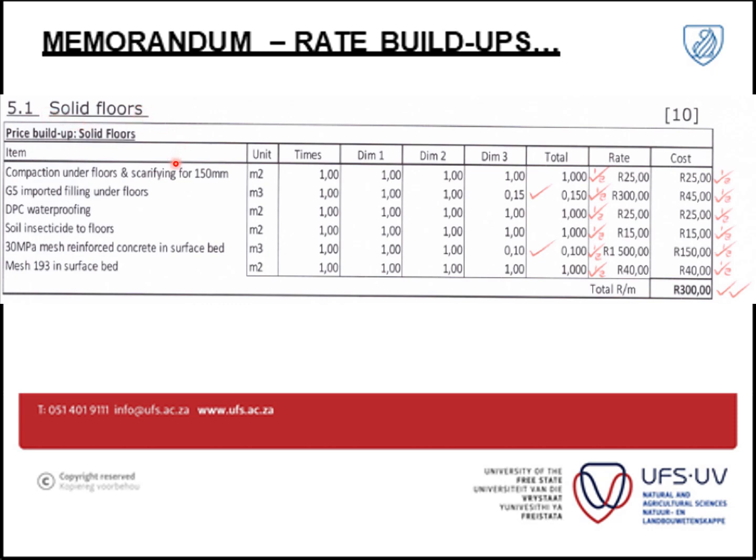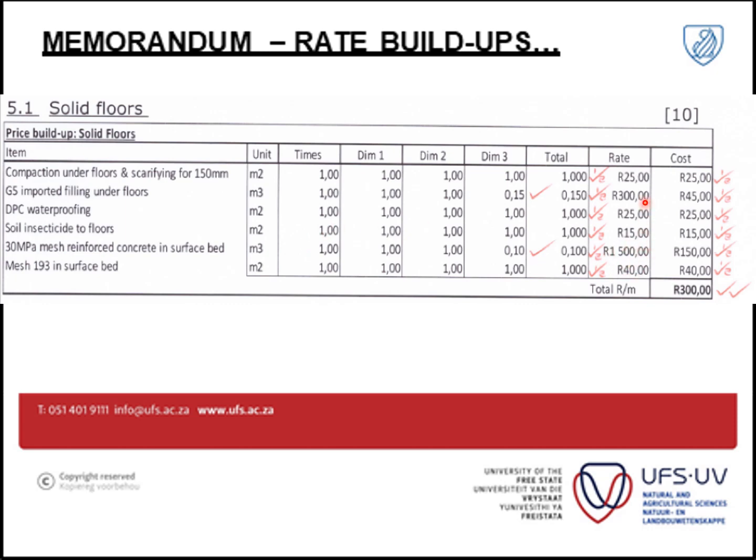For solid floors, you have to refer back to your elemental guide on what is included. So we've got the compaction underneath the floors, our G5 material imported, our DPC, soil insecticide to the floor, our 30 MPa concrete, and then our mesh reinforcement. Here I've added the units it is usually measured in, but we're converting it into a per square meter rate.